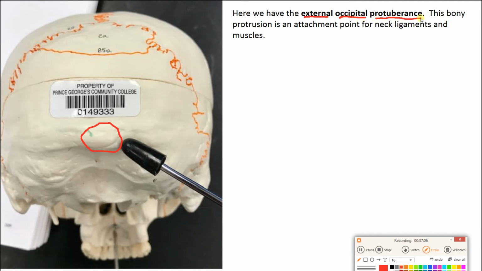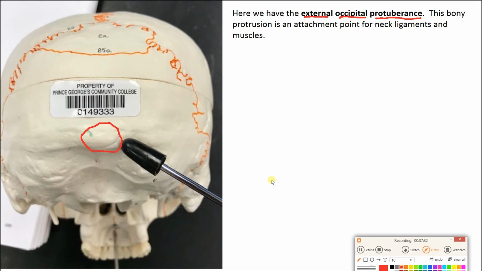Now, a general point of fact: when you have sticky out pieces on a bone, they're generally going to stick out for ligaments and tendons to attach to. And this is exactly what happens here. This external occipital protuberance is a place where ligaments from your cervical vertebrae and also muscles in the back of your neck can grab on.